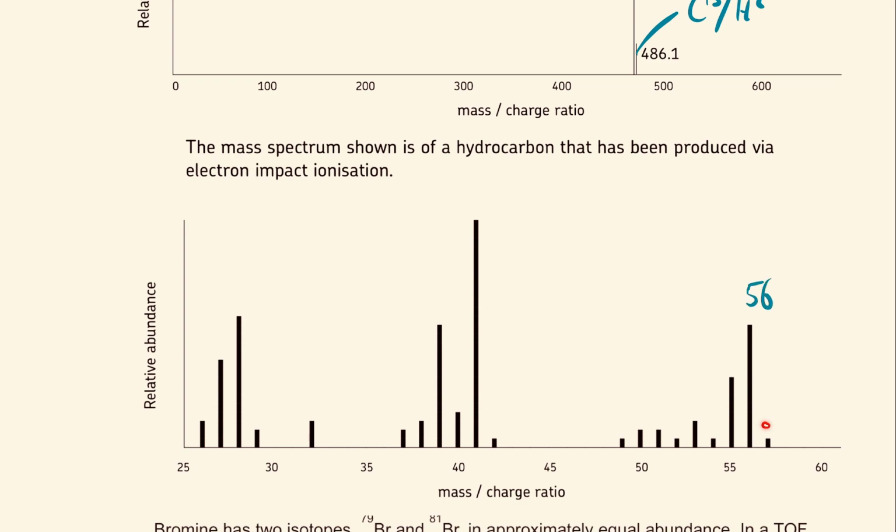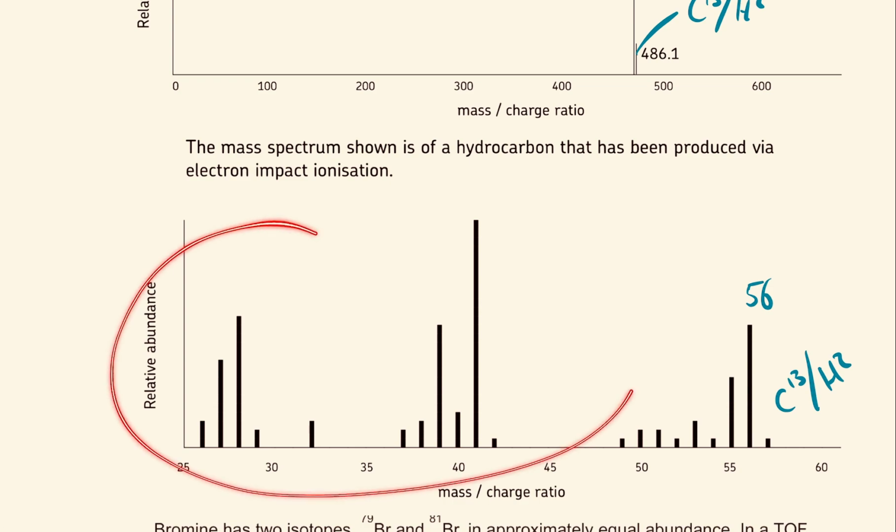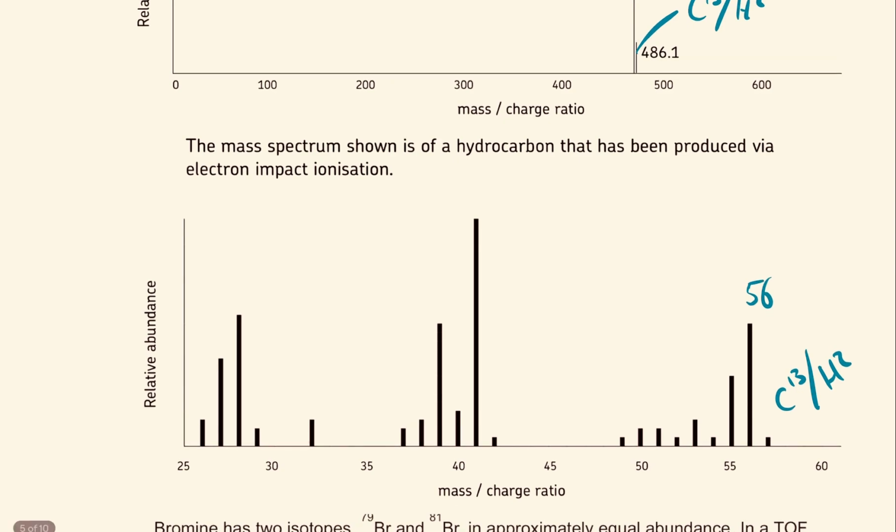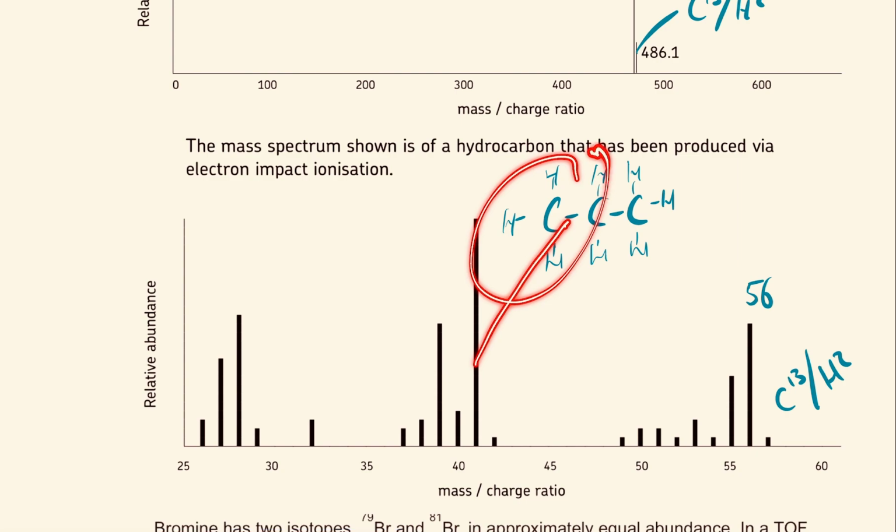And again, this peak will be caused by something with carbon 13 or hydrogen 2. And these are fragment ions, right? These are where our hydrocarbon, say if it looked something like this, won't quite be this, is where the electron gun has broken it here, say, and we've received other signals.